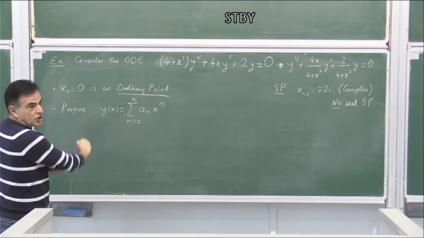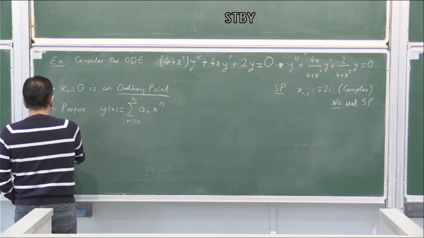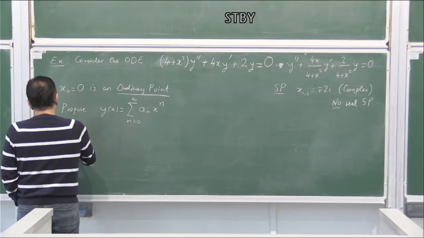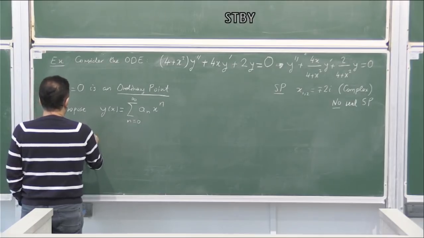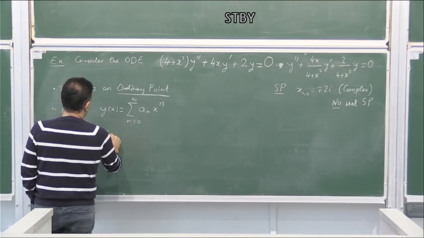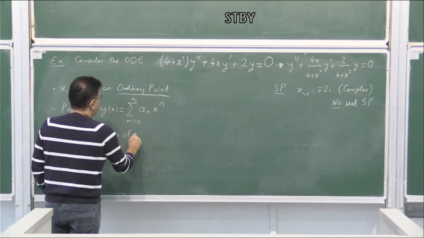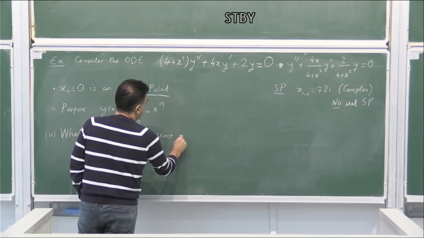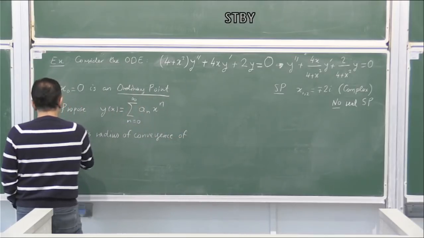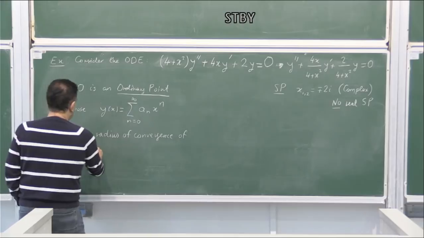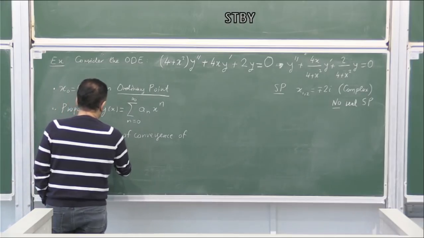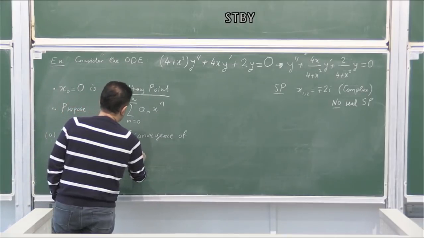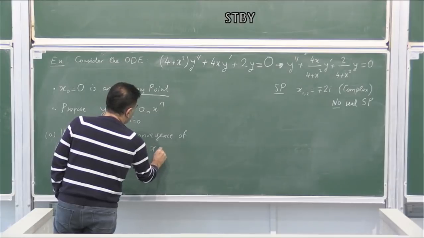So first question: what is the radius of convergence of the power series solution about 0?